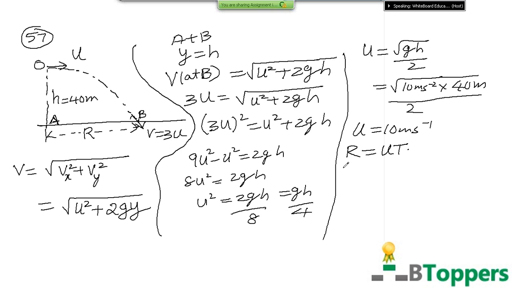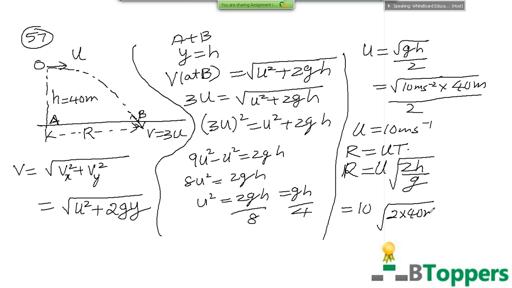In the case of horizontal projection, the time taken to reach the ground is the same as the time taken for a freely falling body which falls from the same height. So you can write t equal to root of 2h by g. So R equal to u into root of 2h by g. You can substitute u equal to 10 meters per second, h equal to 40 meters, and g equal to 10 meters per second square.